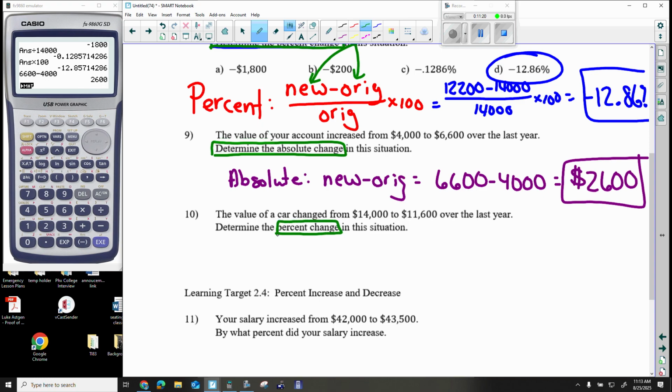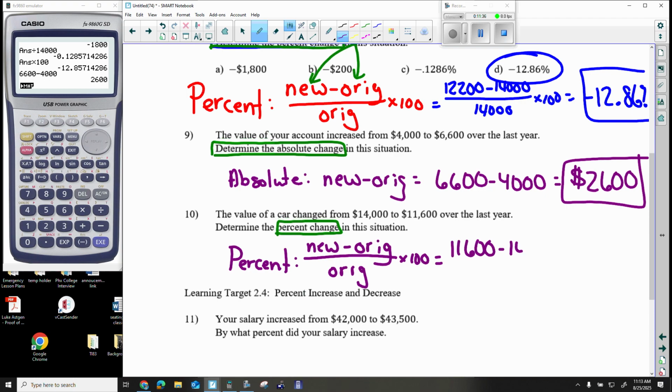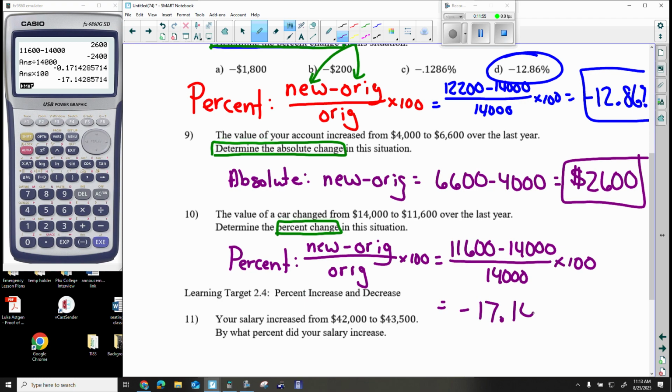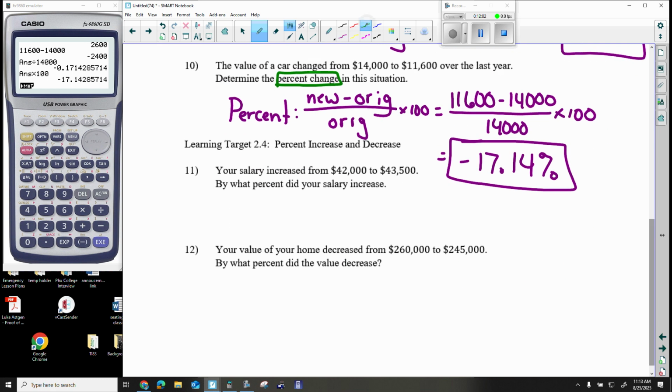Percent change. Percent increase. That's a percent change.